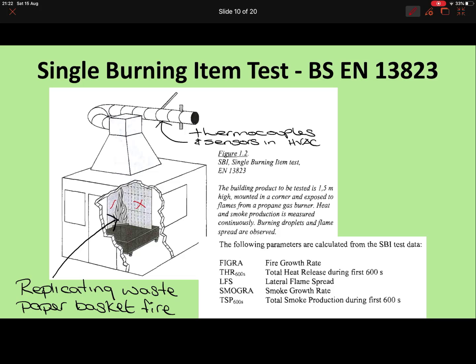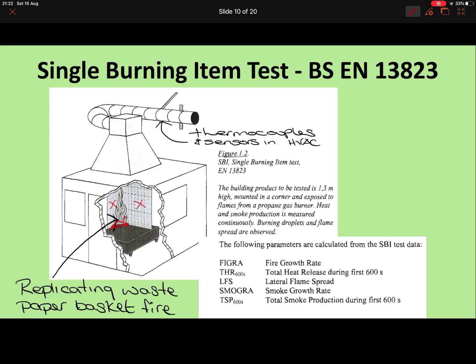That is this fella here. That's 1500 by 1000, and that fella there is 500. 500 by 1500, so it's 1500 high, and that is a corner burner unit, and it's kicking out 30 kilowatts, and that's direct. The flame's directly impinging upon the panels, and that's basically the test.